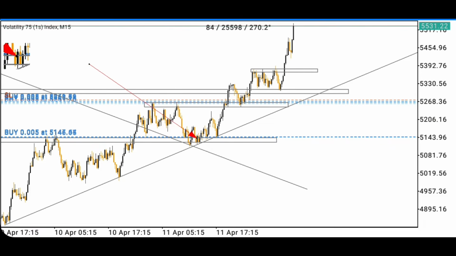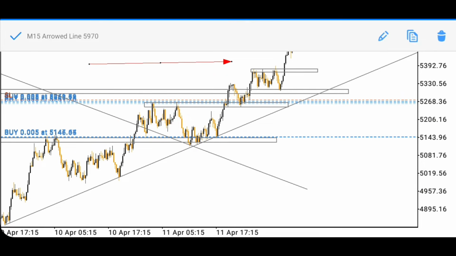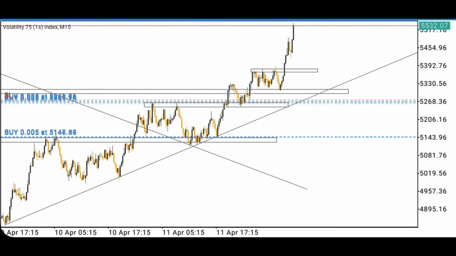And at the point of retest, you can see that there is this demand area. So once I saw that, I took my entry, and my stop loss was just right below the demand area.